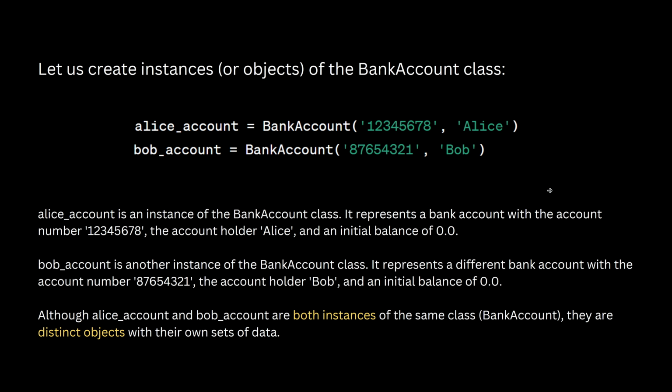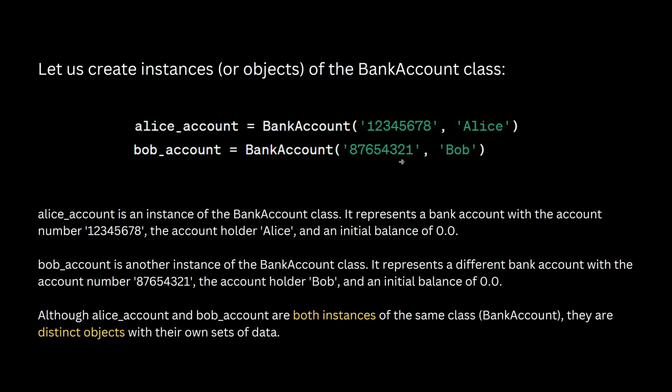Very easy example. Two people walk into our bank office, the very first customers, Alice and Bob. We are so glad that we have a class available that is a blueprint, because we're going to apply this blueprint to Alice and Bob, identically. The only difference is that Alice gets the number 2 and Bob gets the number 1.